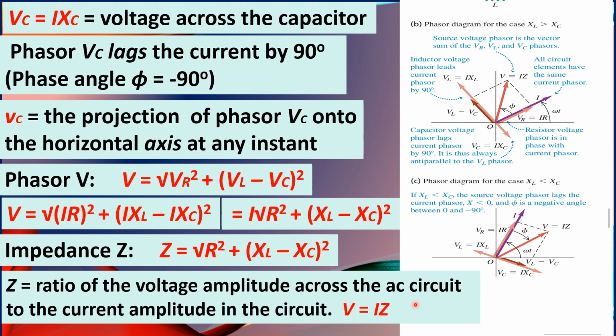So it can also be expressed as capital V equals capital I multiplied by the impedance capital Z. Now, while the first formula, this one, is valid only for an RLC series circuit, the second formula, this one, V equals the product of capital I and capital Z, can be used to define the impedance of any network of resistors, inductors, and capacitors as the ratio of the amplitude of the voltage across the network to the current amplitude.